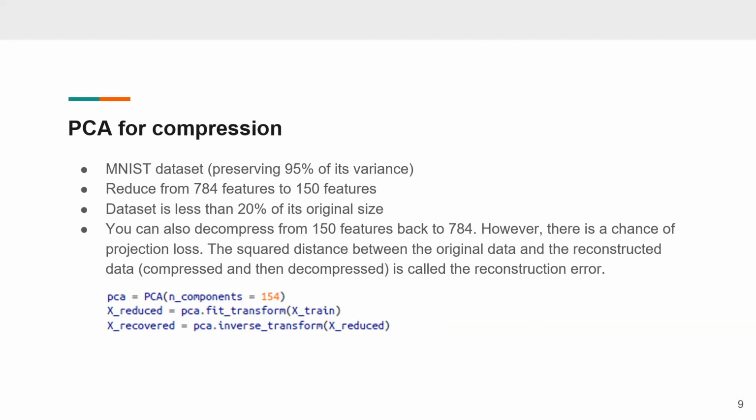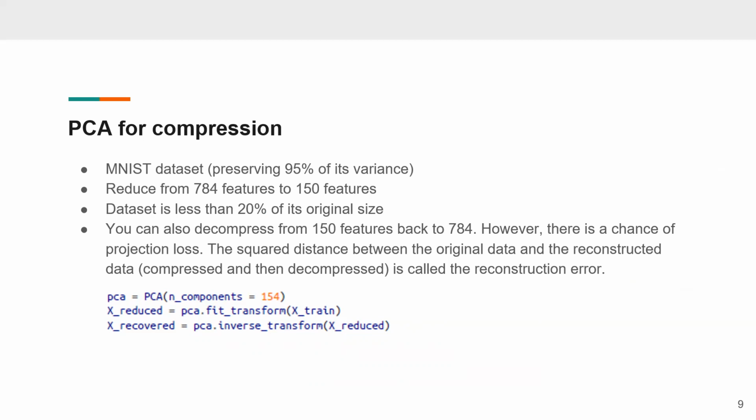This tells you that the reduction makes your data set much smaller. The data set is now less than 20% of its original size. That tells you how powerful PCA is for dimensionality reduction, right?